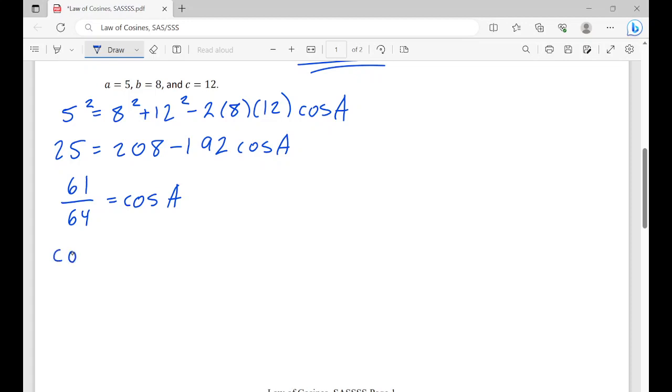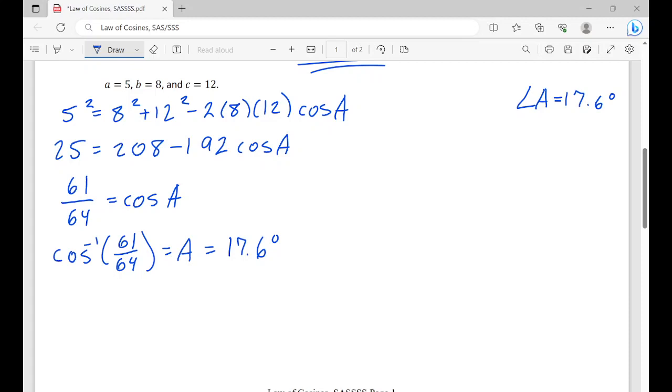So arc cosine of 61 over 64 is equal to A. And that's going to end up giving me 17.6 degrees for A. So put that over here. Angle A is 17.6 degrees.